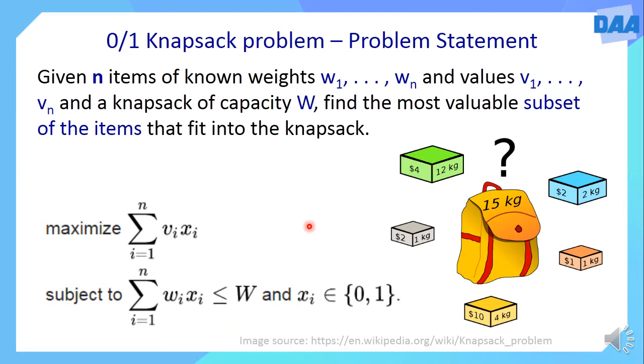So let us understand the problem statement of the 0-1 knapsack problem. Given a knapsack and n items, these items have weights W1, W2, up to Wn, and the values or profits of the items are V1, V2, up to Vn, and the capacity of the knapsack is given as W. The task is to find the most valuable subset of items that fit into the knapsack.